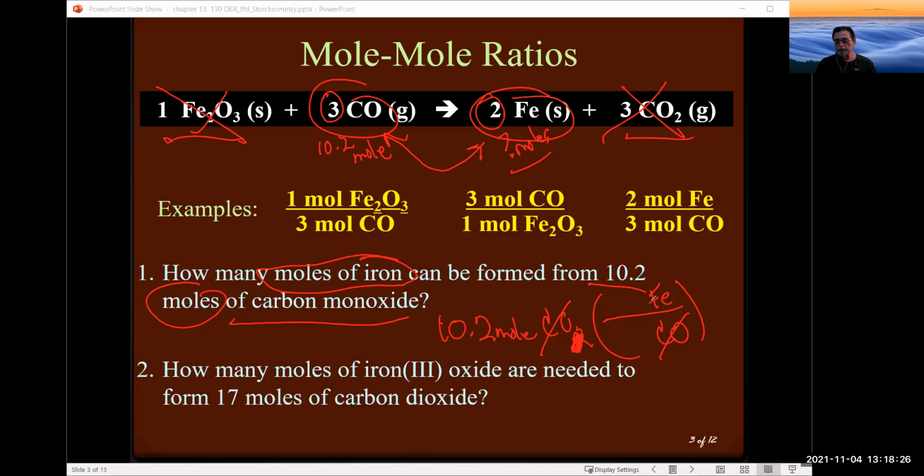My relationship is between iron and carbon monoxide, so it's 2 irons per 3 carbon monoxide, okay? Check my units, boom, I set it up properly. Now it's a matter of, and definitely I'm gonna get iron as my answer the way I set that up, okay? And so now let me clear up my mess here.